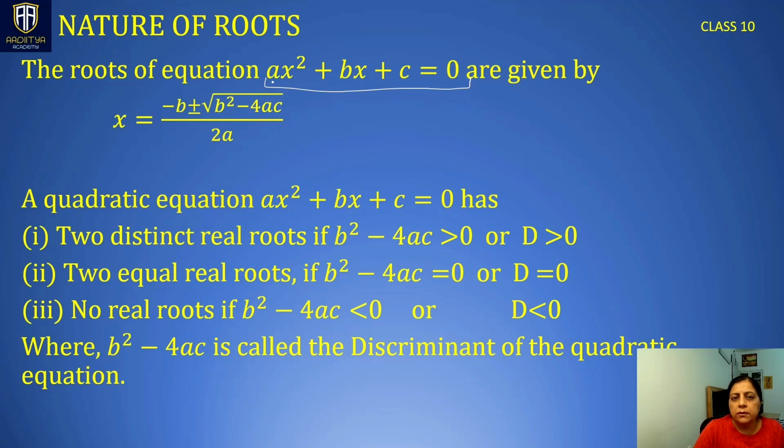Then the value of x can be given as minus b plus minus square root of b square minus 4ac upon 2a, right?